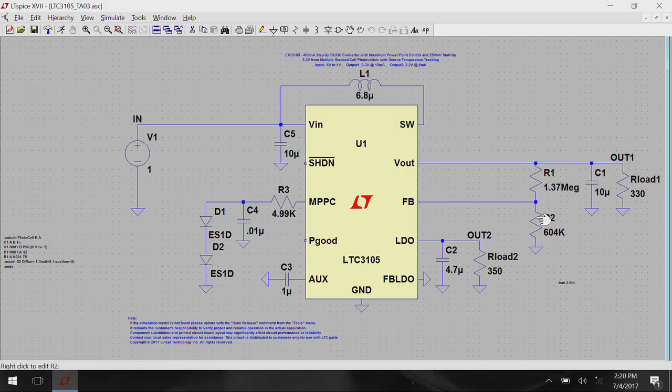This is a resistor divider network, and essentially it provides the required feedback so that the output always remains at 3.3, right, and it also has an LDO at the output. You can see that there is an LDO.